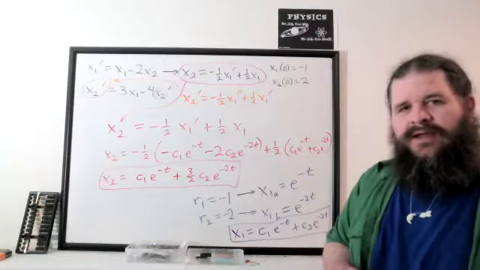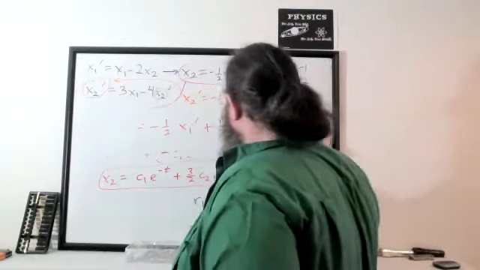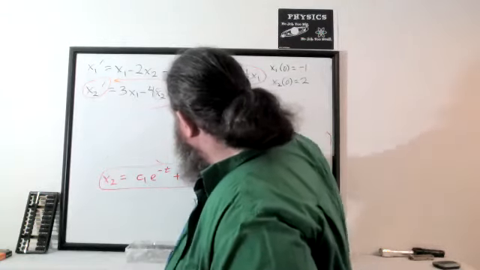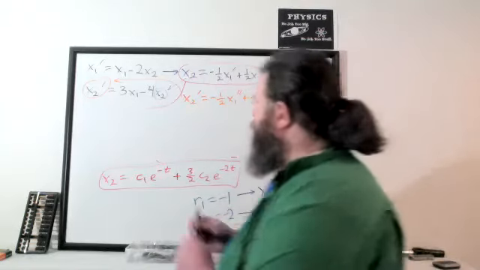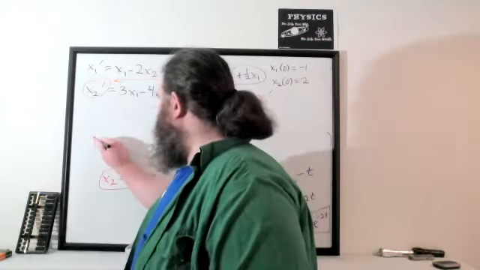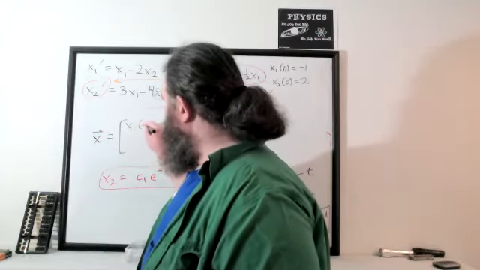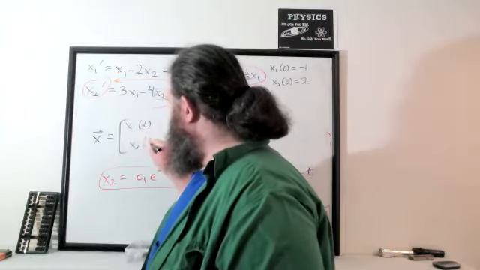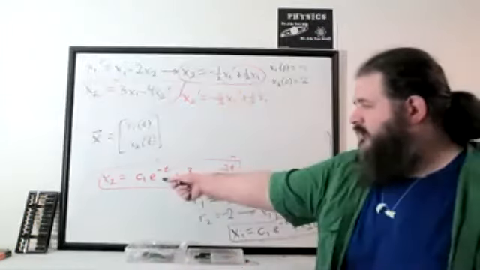And a very useful way of combining these into just one big general solution is we would write x1, x2 as a vector function. We can say vector x is x1 of t, x2 of t. And we know x1 looks like this, and x2 looks like this.